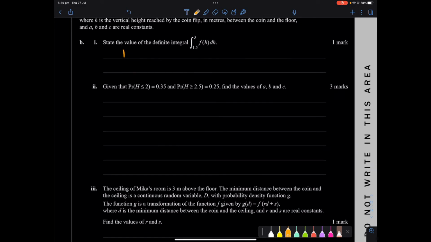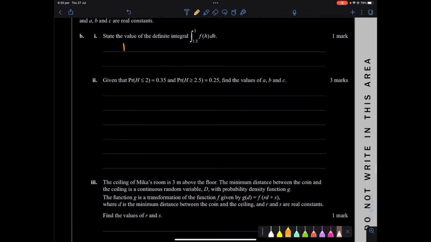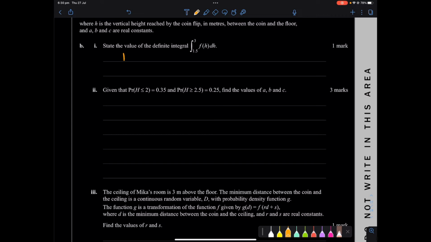Given the probability of h is less or equal to 2, and the probability of h is greater than 2.5, find the values of a, b, and c. Okay, 3 marks, so I'll show the working out. We're trying to find a, b, and c.